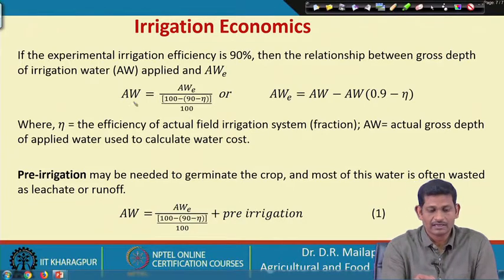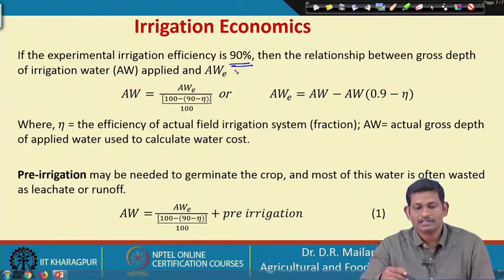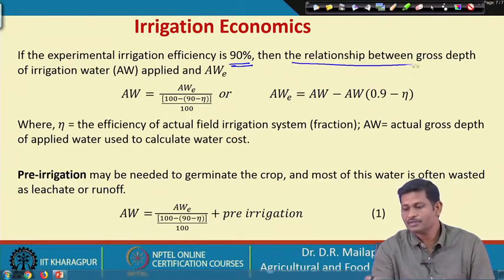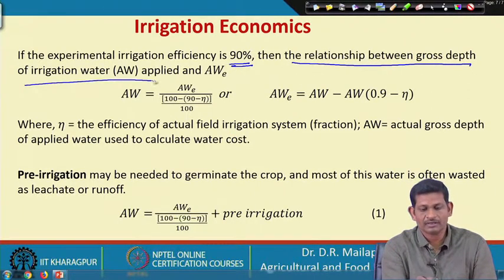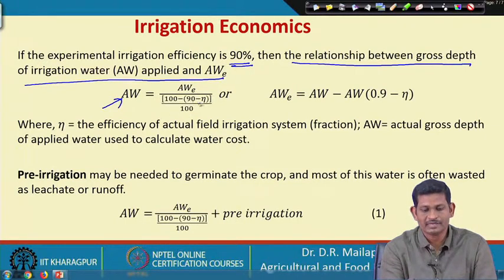If the experimental irrigation efficiency is 90 percent, then the production function we have obtained is based on 90 percent irrigation efficiency. The relationship between the gross depth of irrigation water applied and AWE is: the gross depth of water applied equals the depth of water applied in field experiments divided by (100 minus 90), that is the irrigation system efficiency divided by 100.